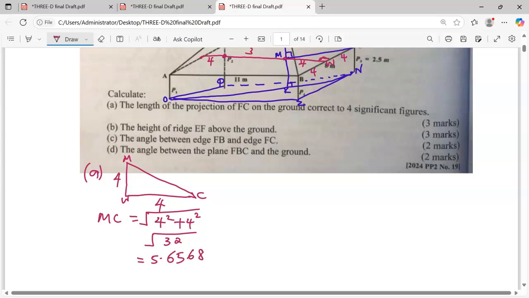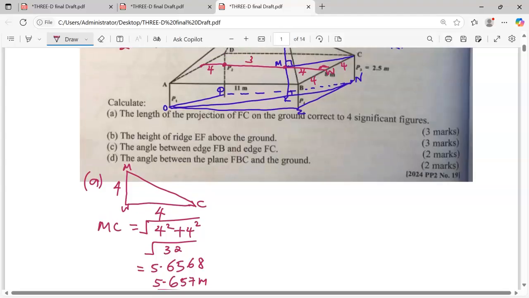But correct to 4 significant figures, we are going to have the answer as 5.657 meters, and by so doing, we have calculated the length of the projection of FC on the ground.